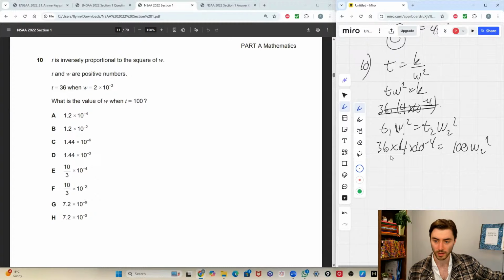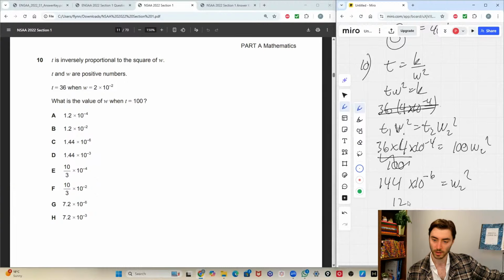Divide by 100. So 36 times 4 carry 244 times 10 to the minus 6 is W2 squared. So 12 times 10 to the minus 3 is W, which is 1.2 times 10 to the minus 2. Yes, which is B. Okay.